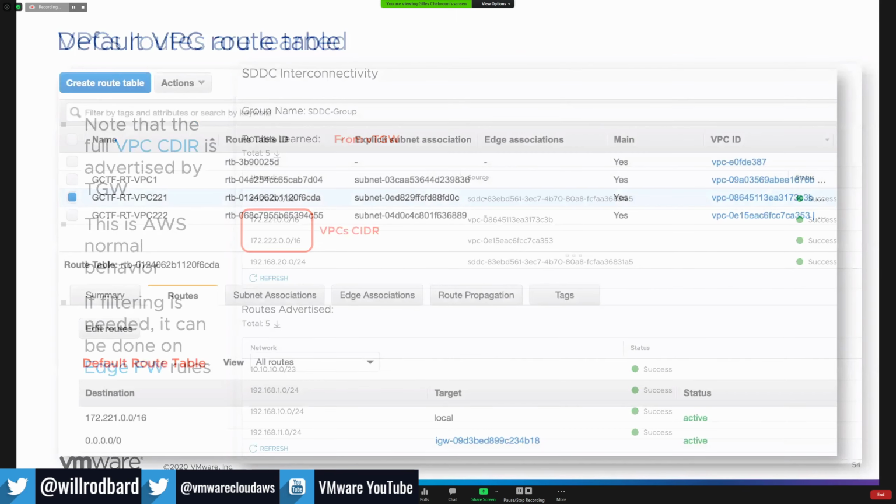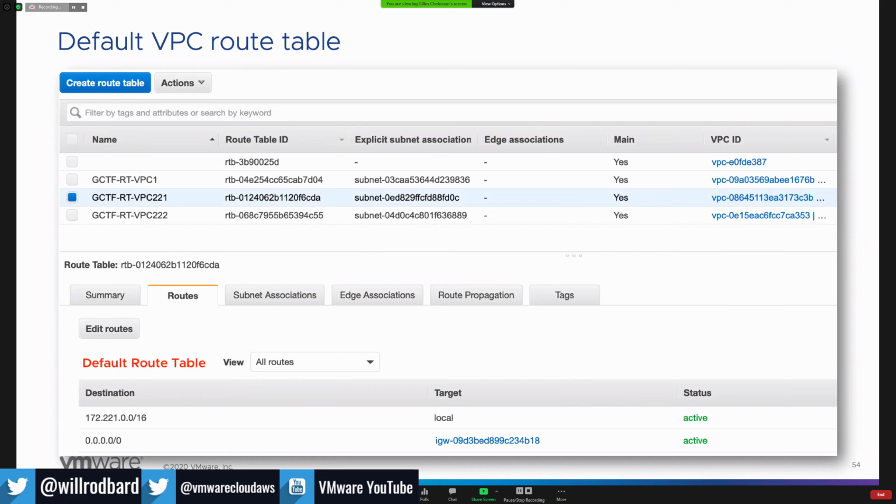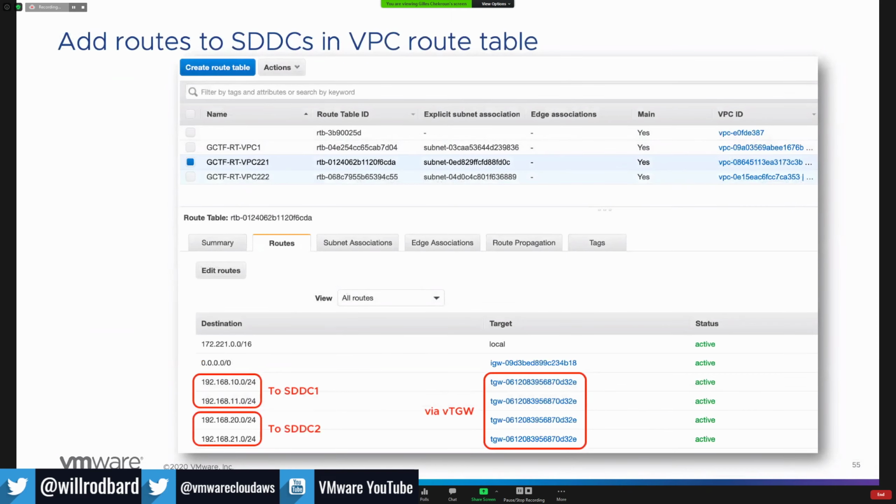So here, first of all, I go to my default route table. Let's say this is VPC 221, and I want to add routes to my SDDC, okay? Here I could do something very global, like 192.168.0.0/16, only one route, and then everything goes.